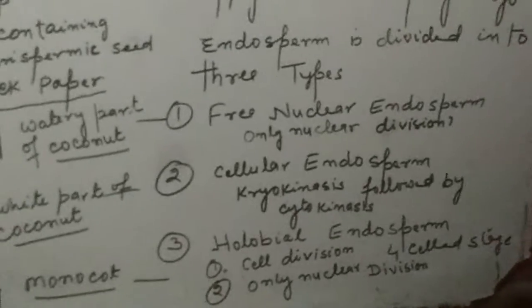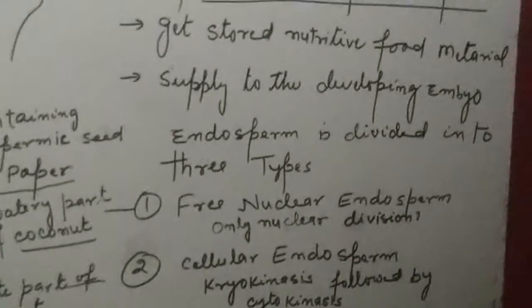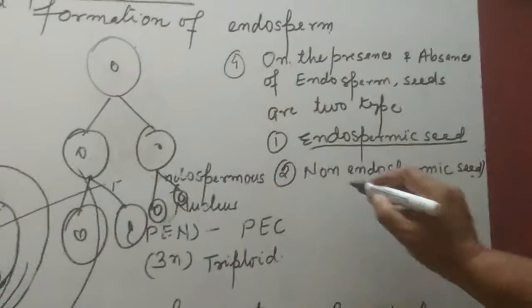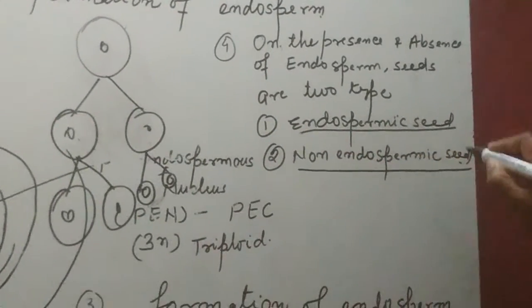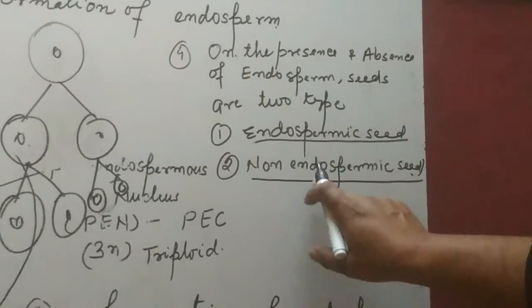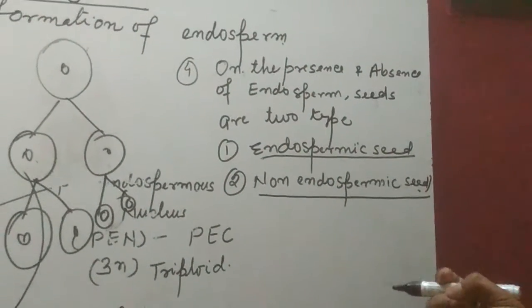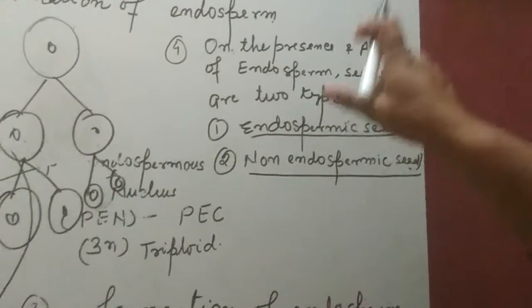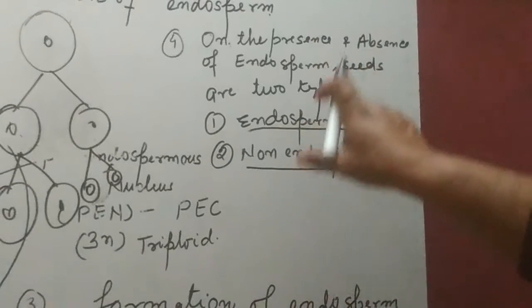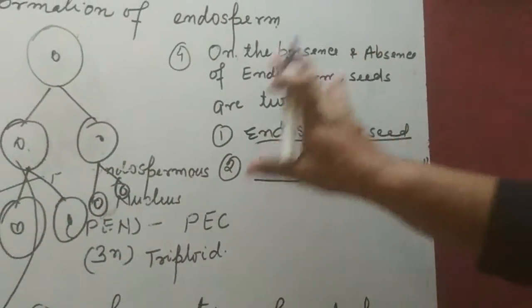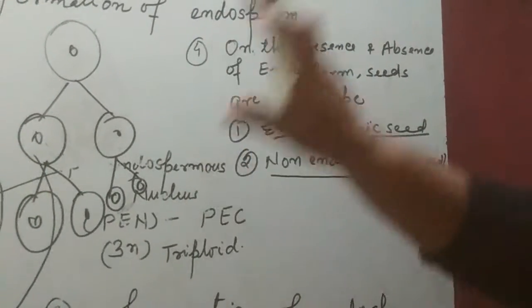Based on the presence and absence of endosperm, seeds are divided into two types: endospermic seed and non-endospermic seed. Those seeds in which the endosperm is totally utilized are called non-endospermic seeds, and those seeds which retain the endosperm are called endospermic seeds. So what is the actual function of the endosperm?